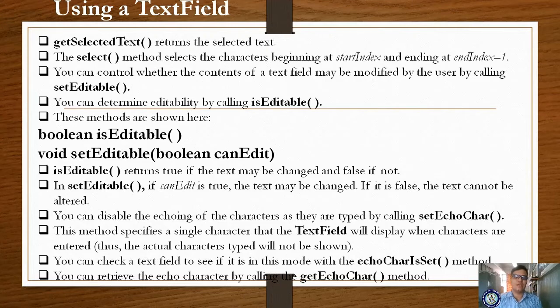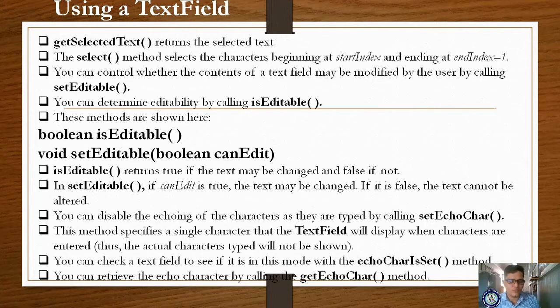So by using these methods, you can control editing of your text field. isEditable defines whether you can modify or not. These methods are shown here. Let us see the methods: boolean isEditable(); void setEditable(boolean canEdit). isEditable checks whether it is editable or not. setEditable sets whether the text field can be edited.